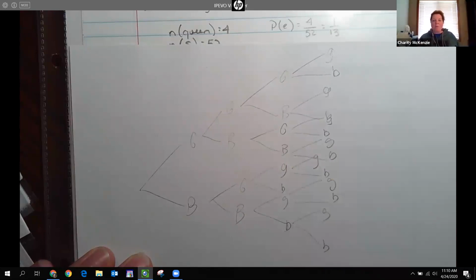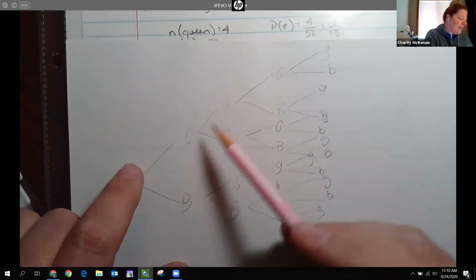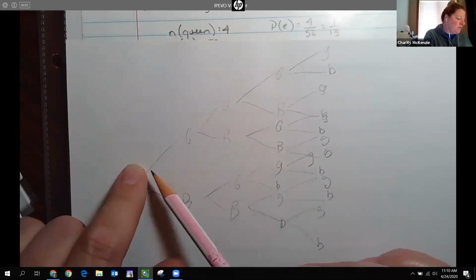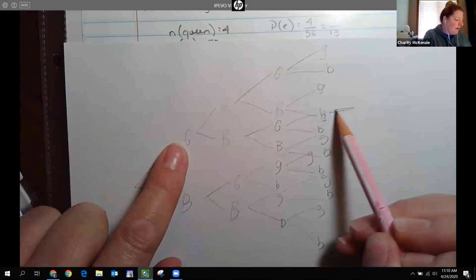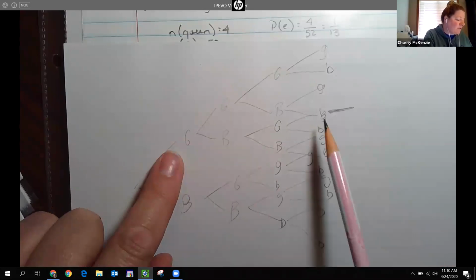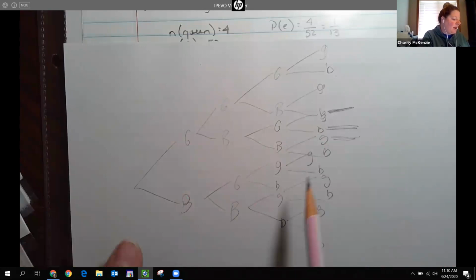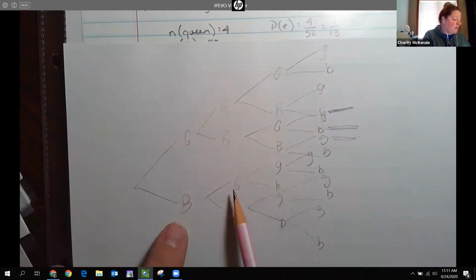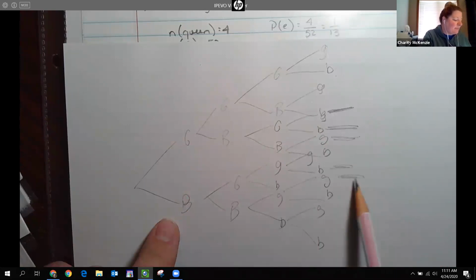So then you just count the ones that have two of each. So not this row and not this row, because I only had one. Two girls, boy, boy. Right here. Here's one. Okay. Girl, boy, girl, boy. Ooh, there's another. Girl, boy, boy, girl. There's another. And then over here, boy, girl, girl, boy. Yeah.